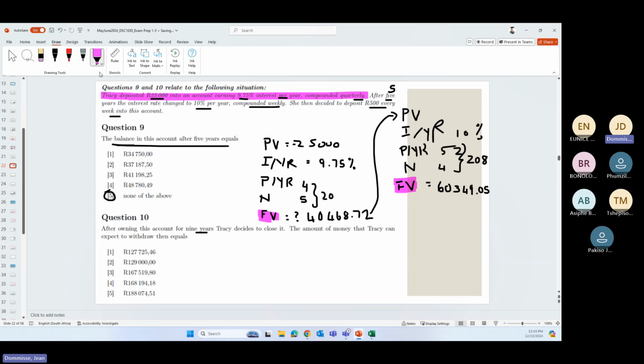And then now let's see, with this interest rate change, she deposited another extra 500 Rand in. So when we do that, we also need to work out the future value of that extra annuity that she pays.